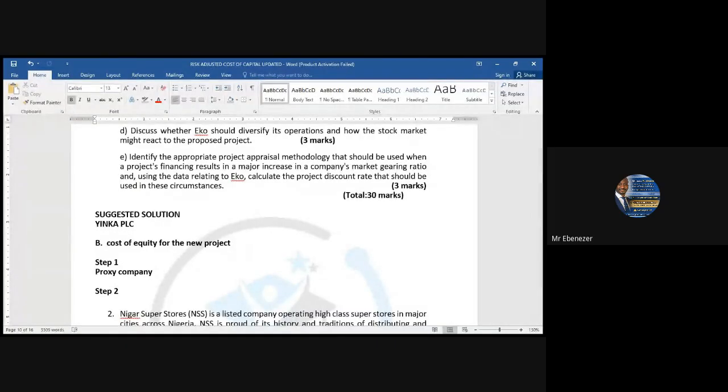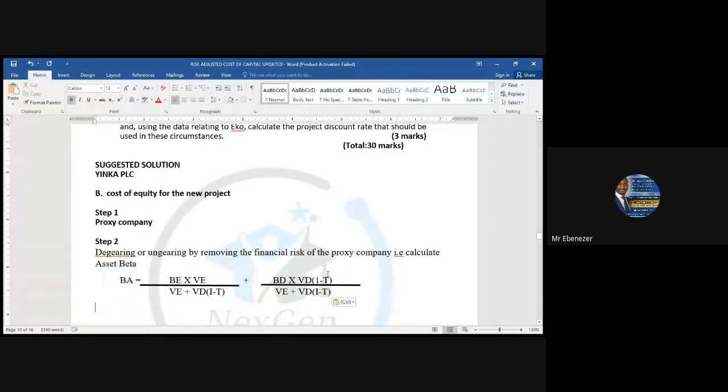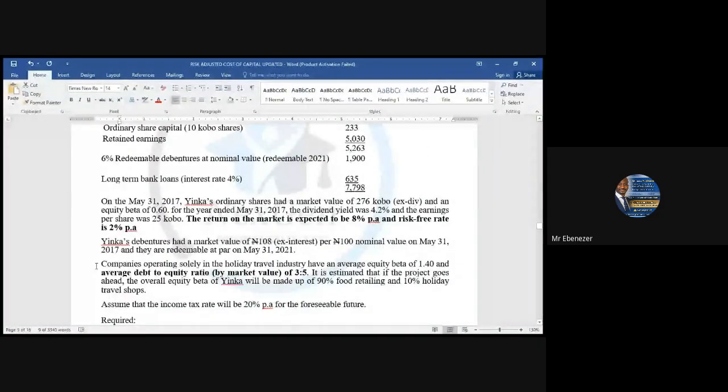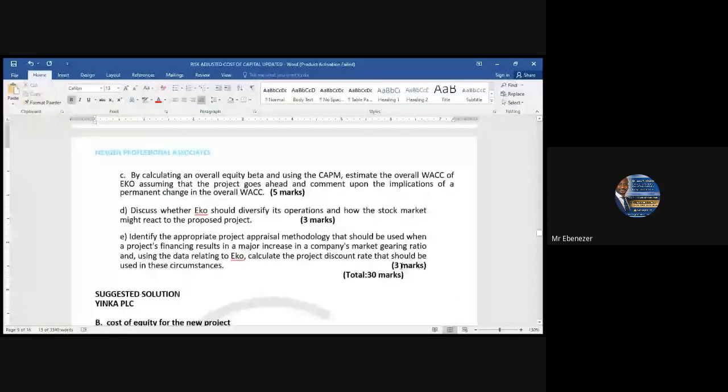Step 2: we'll have to check the beta debt for the proxy company. Is there any beta debt for the proxy company? This is just the information for the proxy company, right? Is there any beta debt? No, right? No, sir. So we go with the first one, right?